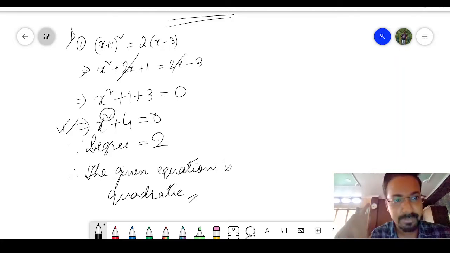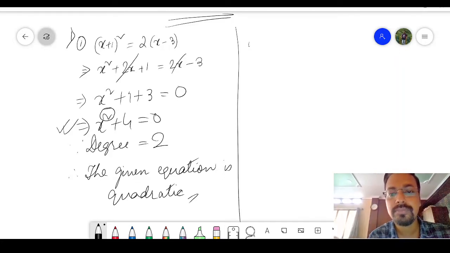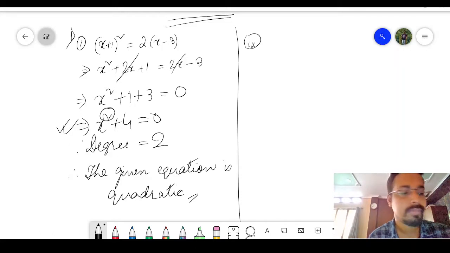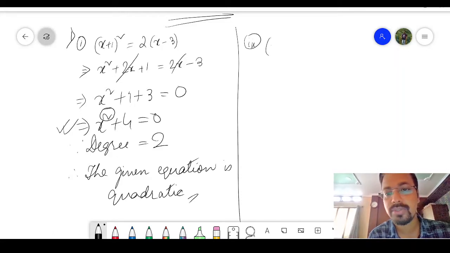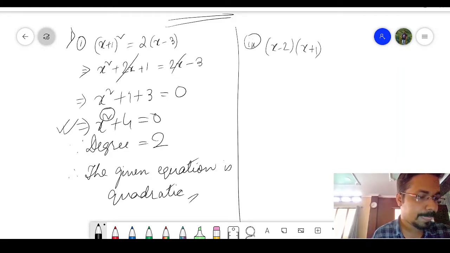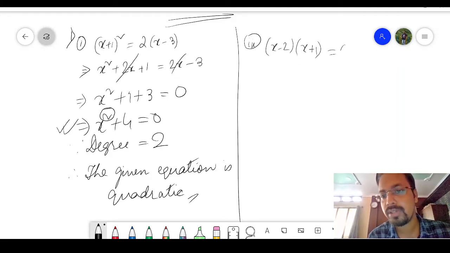In this case, let's try number 3. Question number 3. What do we have in question number 3? We have (x - 2) into (x + 1) is equal to (x - 1) into (x + 3).